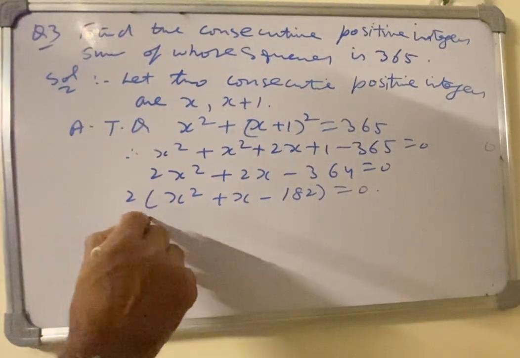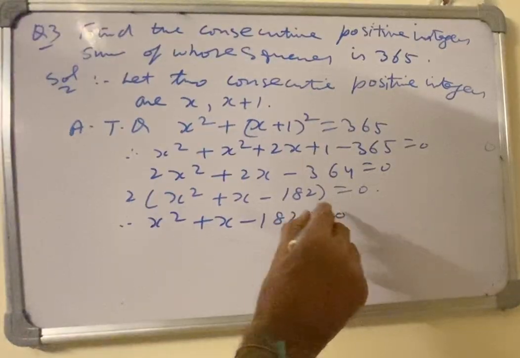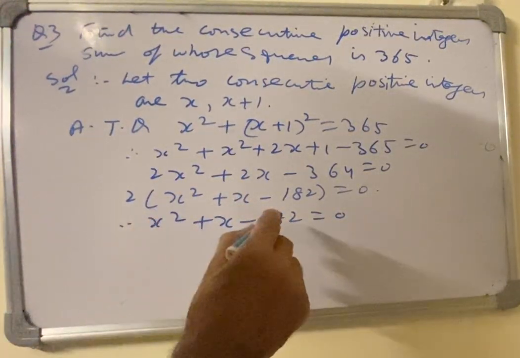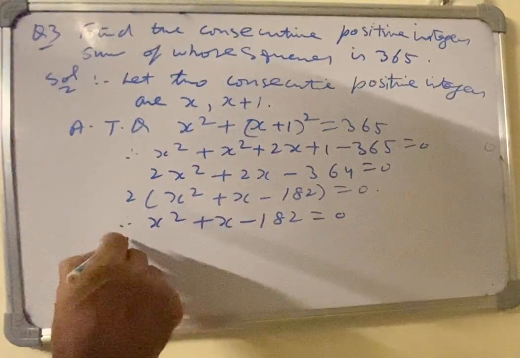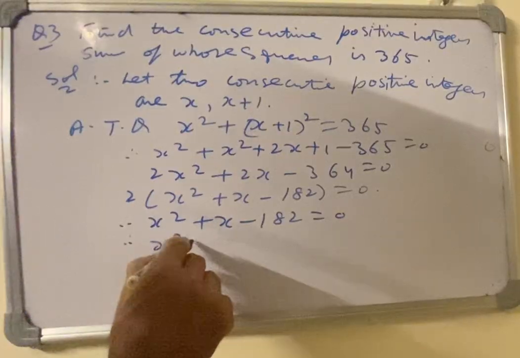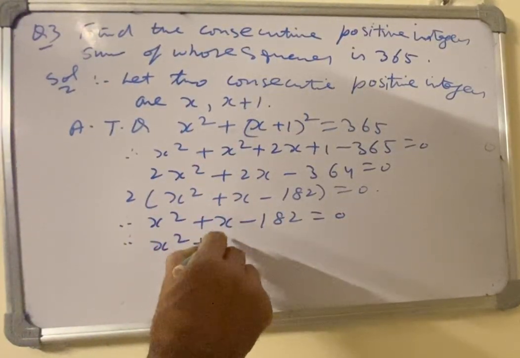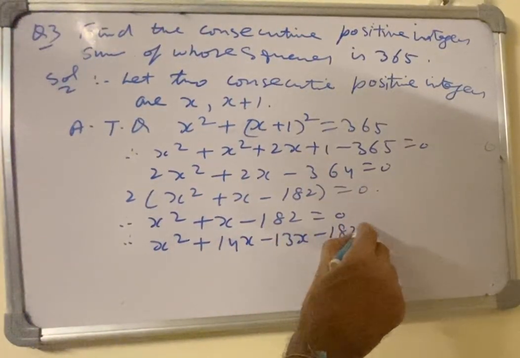Therefore, x square plus x minus 182 is equal to 0. Since the last sign is negative, the product should be 182 and the difference should be 1. As we have seen in the previous question, it is 14x minus 13x minus 182 is equal to 0.